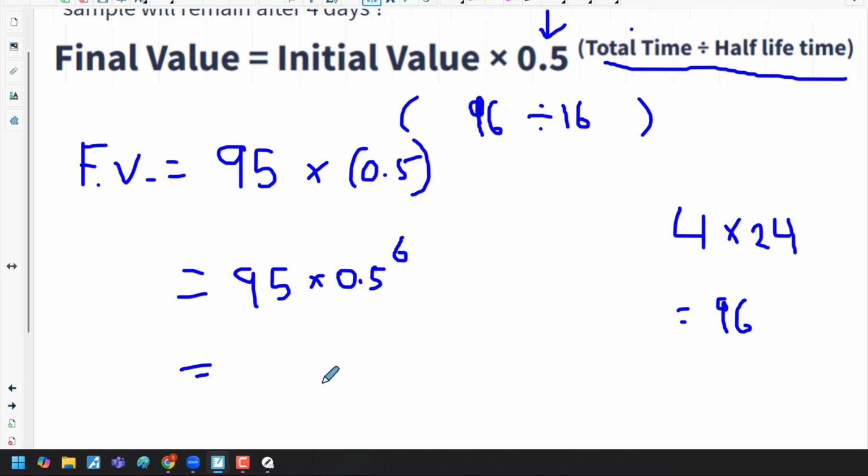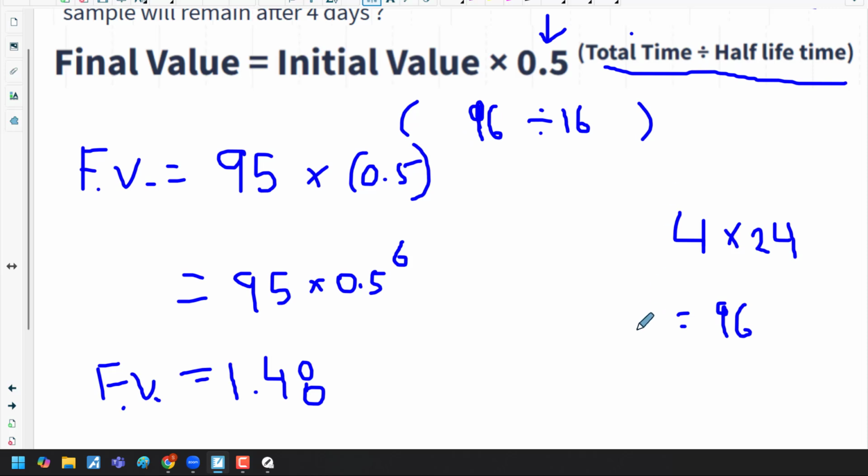You just do 0.5 to the exponent 6, whatever that decimal is, then you times it by 95, and the final answer is 1.48. So final value, 1.48 grams is remaining after how many days? 4 days, I believe it was. Yes, after 4 days. So if you start with 95 grams, around 1.48 are remaining after 4 days.